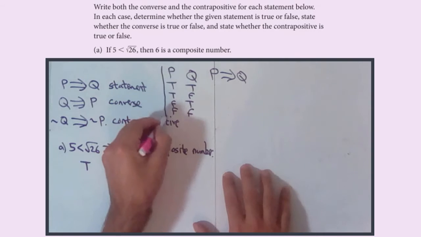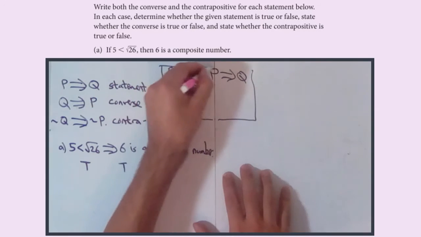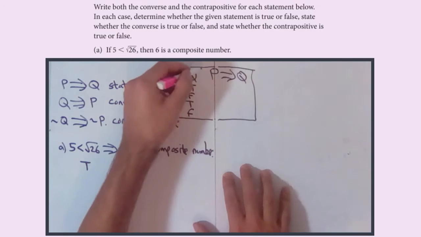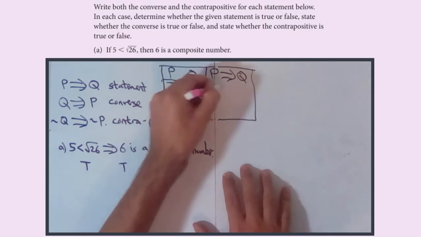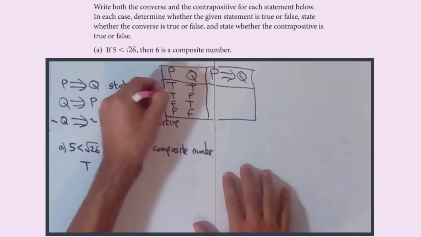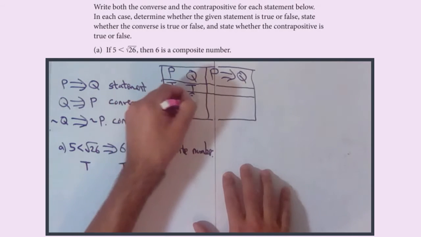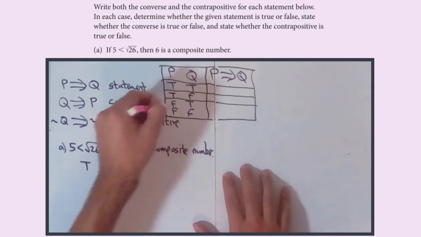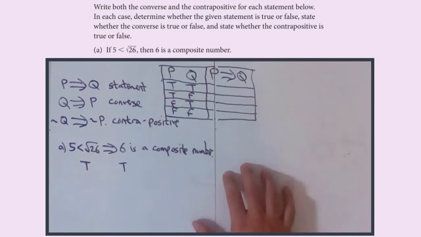Now, in logic, it doesn't necessarily make sense or feel very natural, but for this implication, it kind of has to be proven false for it to be false. So if it's inconclusive, then you can't write false.